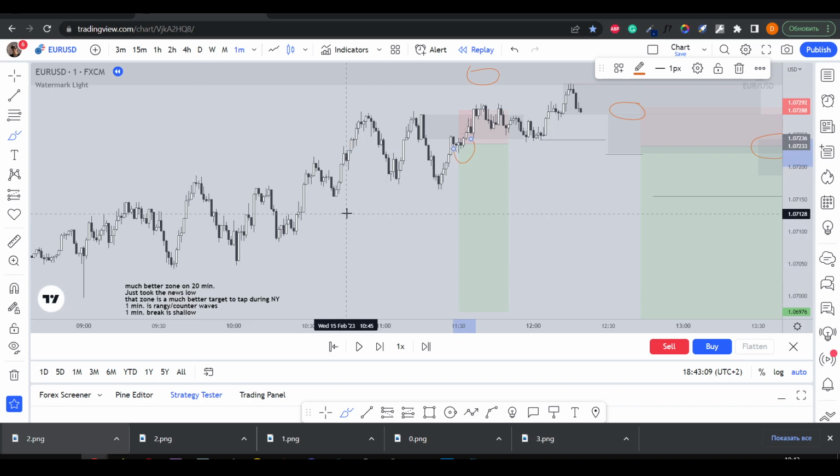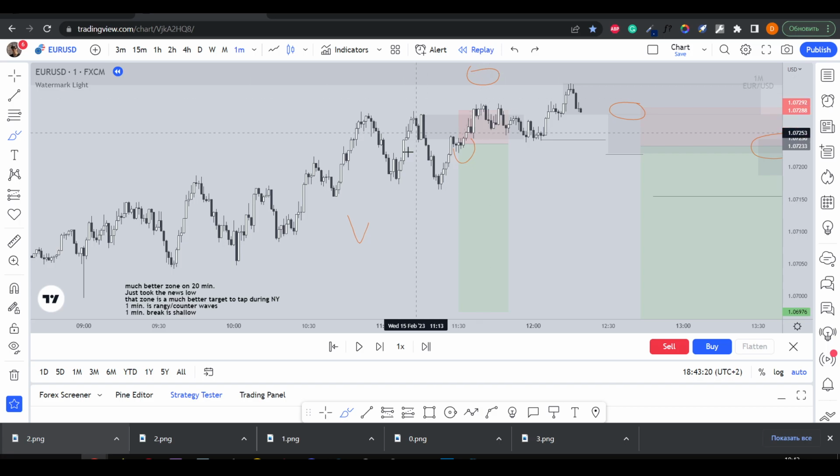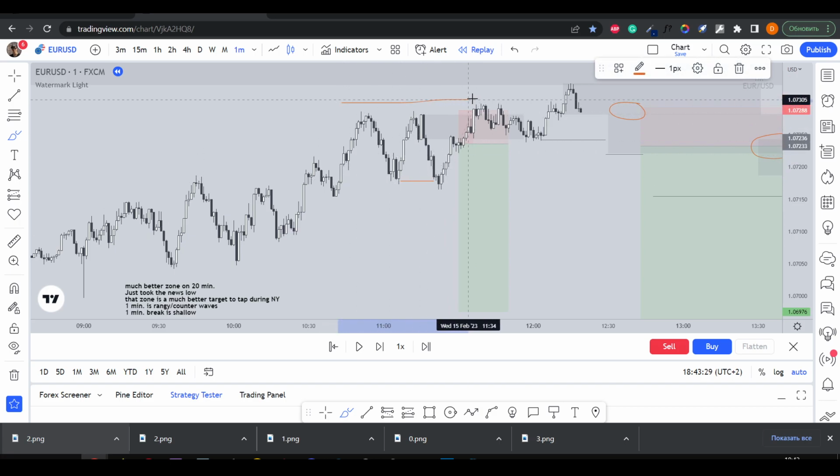But what I mean is, let's disregard this one. And again, this zone was created for the New York tap, you know? So just going through New York to there. And again, you see this break is just inside of a box, so it's not actually a downward moving market.